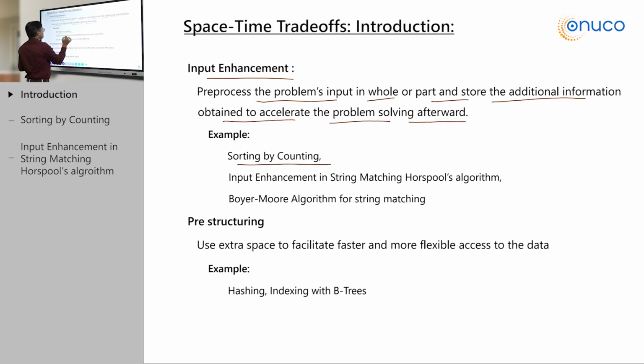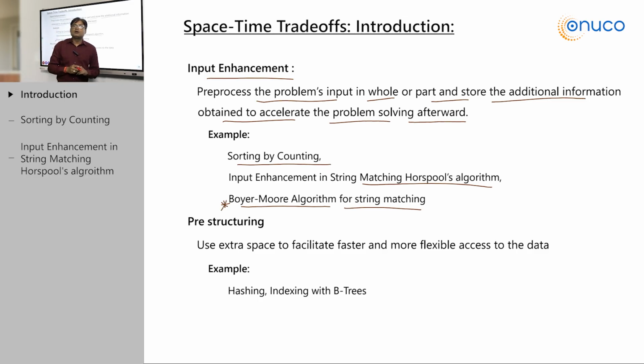Examples are sorting by counting, and pattern matching using the Horspool and Boyer-Moore algorithms for string matching. We can look at Boyer-Moore and see how it is different from Horspool, but as per your syllabus, we have the Horspool algorithm.